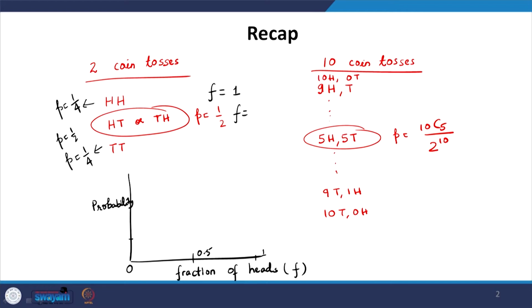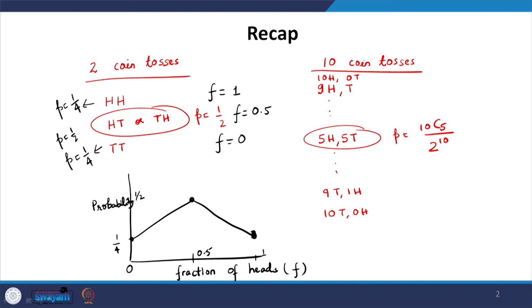Second case is f equal to 0.5, and the third case is f equal to 0. And for both f equal to 0 and 1, the probability is 1 by 4. However, for f equal to 0.5, the probability is 1 by 2. So, the distribution looks like this.